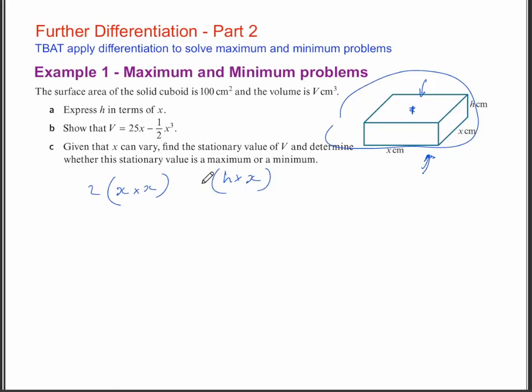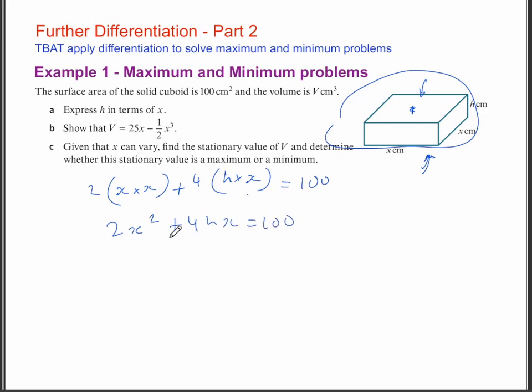So we're going to have 4 times h times x to get the surface area of all the 4 side surfaces. And if you add them together, you're going to get the surface area of that entire cuboid, and that's going to equal 100 centimeters squared. Therefore, 2x squared plus 4hx is equal to 100.